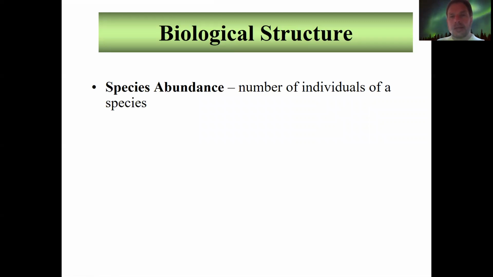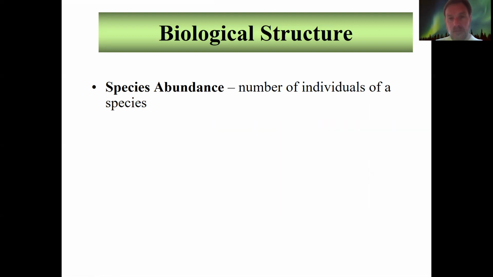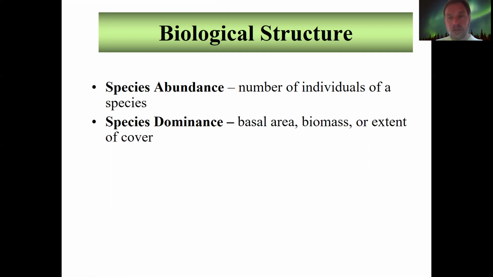Biological structure now is what is the actual structure of the species in the community. How many individuals of a species are there? Which ones are dominant? And that might be, for trees, what takes up the most area in terms of trunk space?